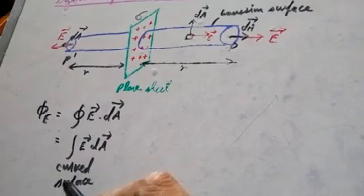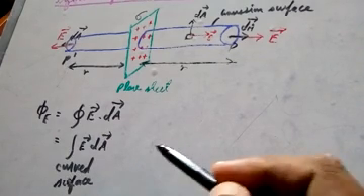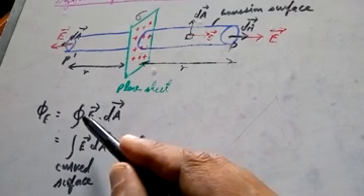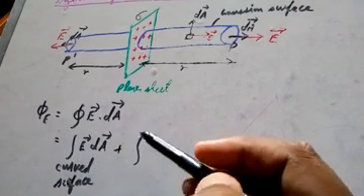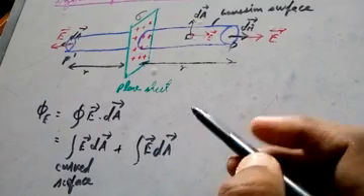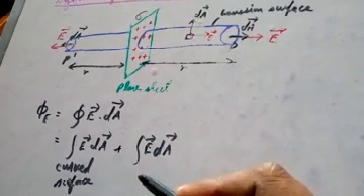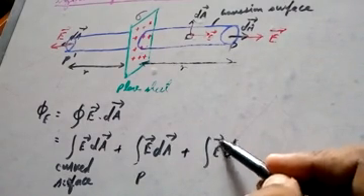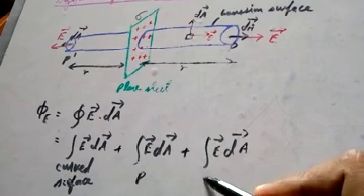Then plus this one. Remember there's a difference here: this is a closed integral and this is not a closed integral. Plus the electric flux due to E vector dot dA vector at the point P, then the electric flux at the point P dash.